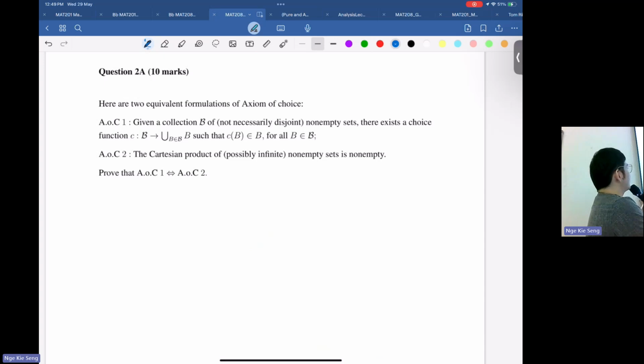So here are two equivalent formulations of the axiom of choice. So first one is the obvious one that we discussed in class, epsilon choice of one. And then epsilon choice of two, we didn't discuss in class. But we introduced the definition of Cartesian product of infinitely many sets.